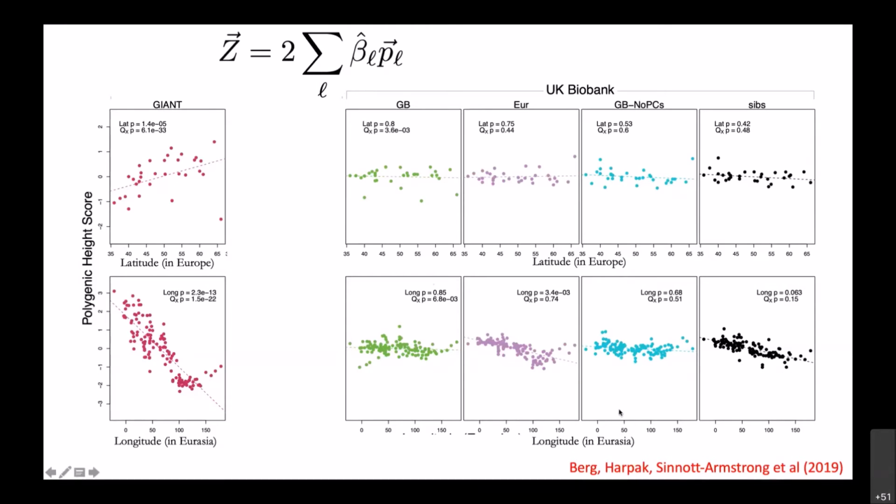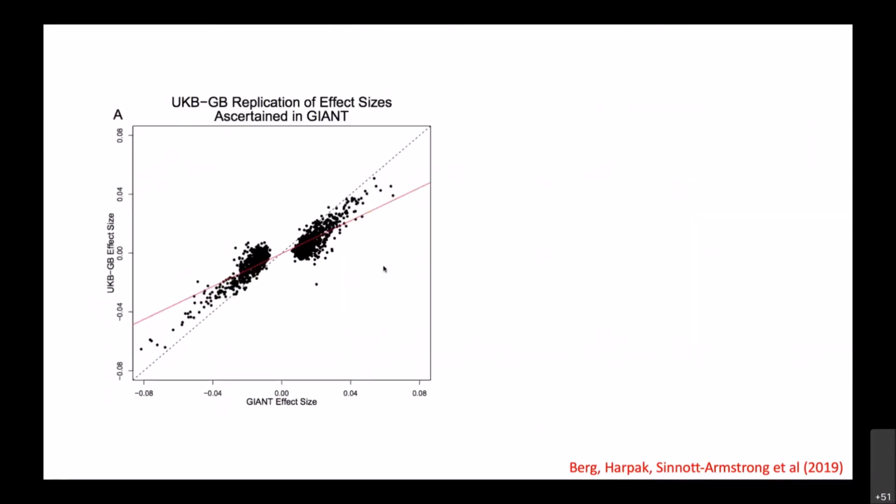And really, no matter which way we did this test, these really strong signals that we had seen before pretty much completely dry up when we use the UK Biobank resource to compute our effect sizes for our polygenic scores. So this was discouraging and definitely worrying.